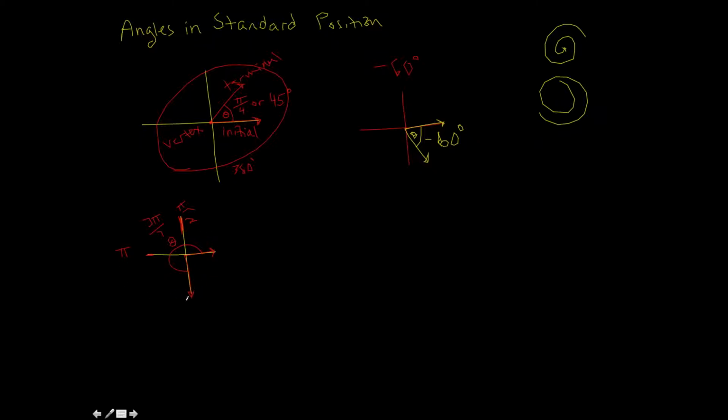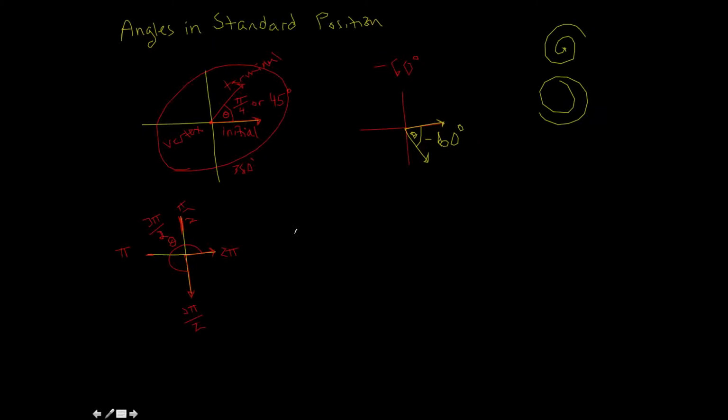So this would be 3 pi over 2 here, and this would be 4 pi over 2, or 2 pi. So you've got 1 pi over 2, 2 pi over 2, 3 pi over 2, 4 pi over 2. This is the beginnings of your unit circle, so you need to commit these to memory.